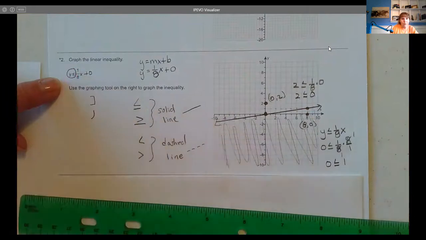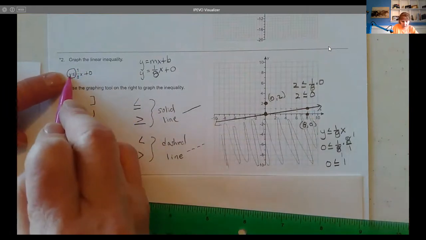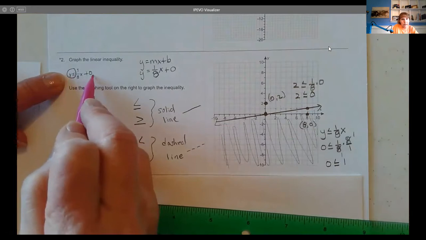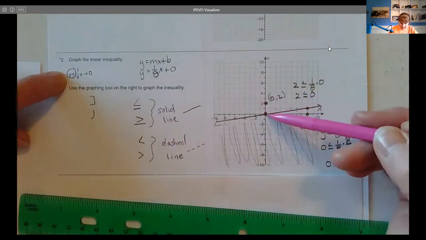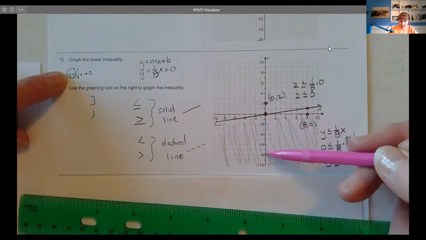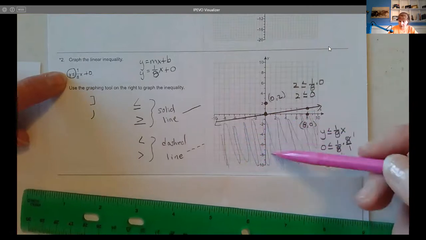That tells you if you're going to go above or below the line. You want the y values that are smaller than the line itself. Y values that are less than the line are found below the line, so you would shade below.